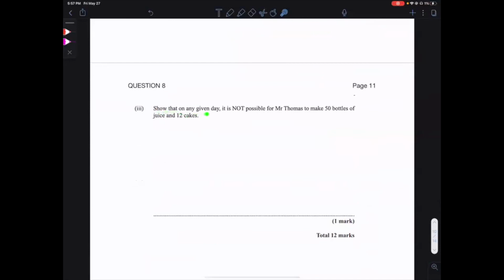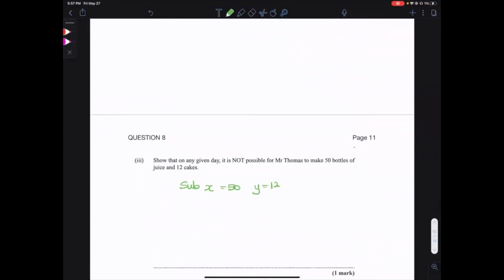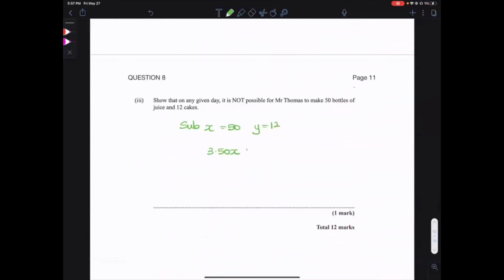Show that on a given day, it is not possible for Mr. Thomas to make 50 bottles of juice and 12 cakes. So now substitute X to be 50 and Y to be 12. So the equation before is 3.50X plus 5.25Y. Substitute X as 50 and Y as 12, and see what you get.